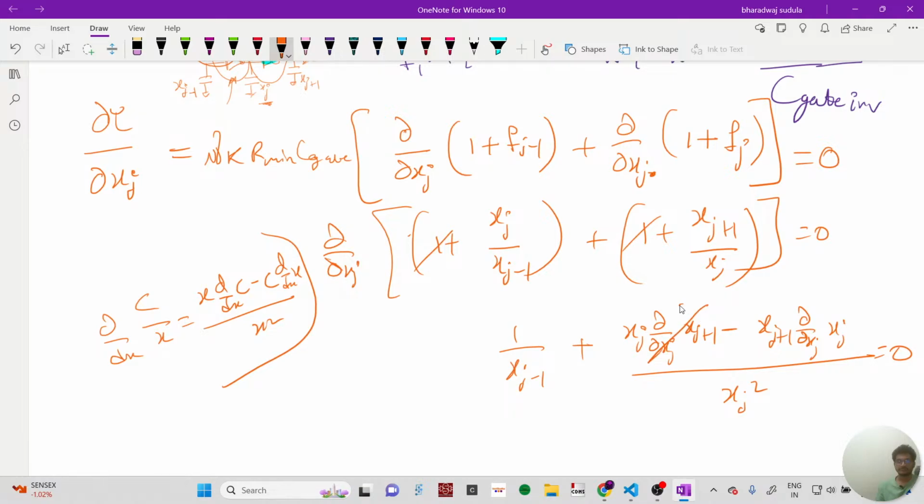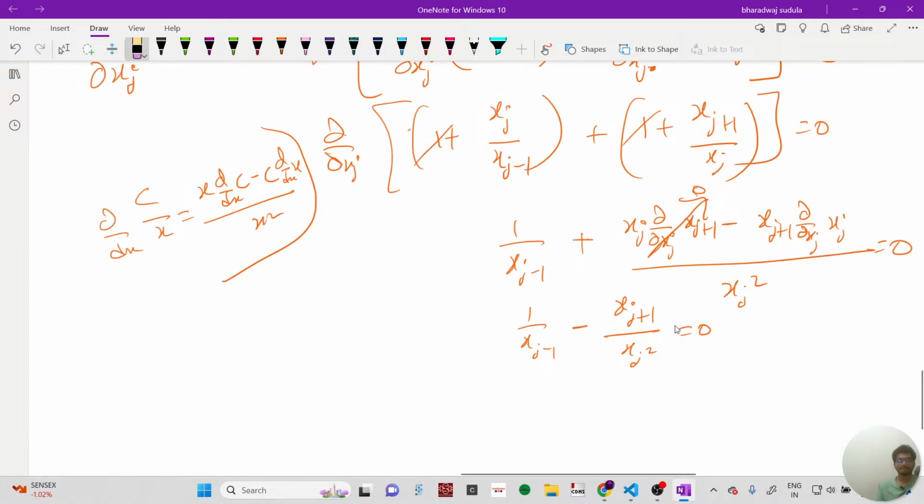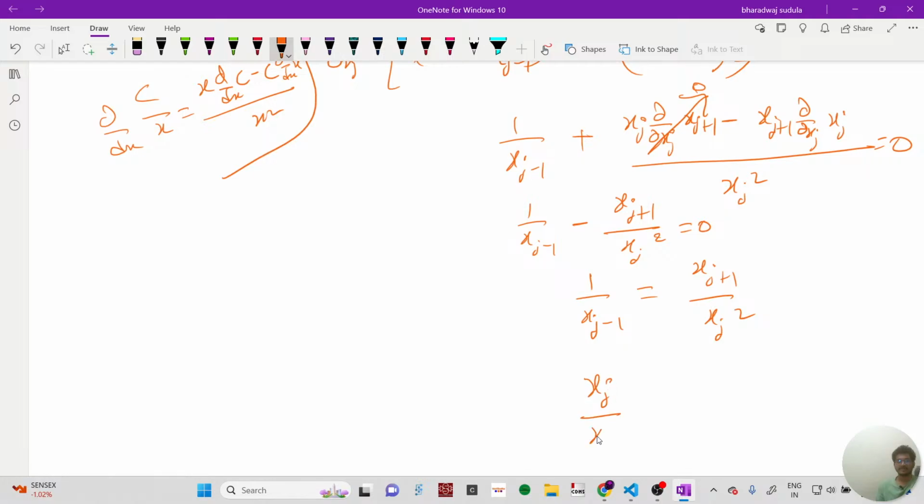So this is 0, so 1 by xj minus 1 minus xj plus 1 by xj square. So 1 by xj minus 1 equals xj plus 1 by xj square, that is xj by xj minus 1 equals xj plus 1 by xj.